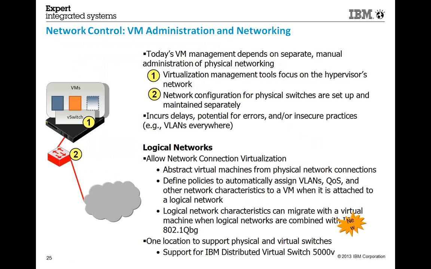For example, today's VM management depends on separate management and administration of physical networking. You have virtualization management tools to focus on the hypervisor network and network configuration of physical switches. Therefore, there are a lot of delays and errors. By creating a logical network in the virtual world, all of that complexity gets managed by the system, reducing human error.